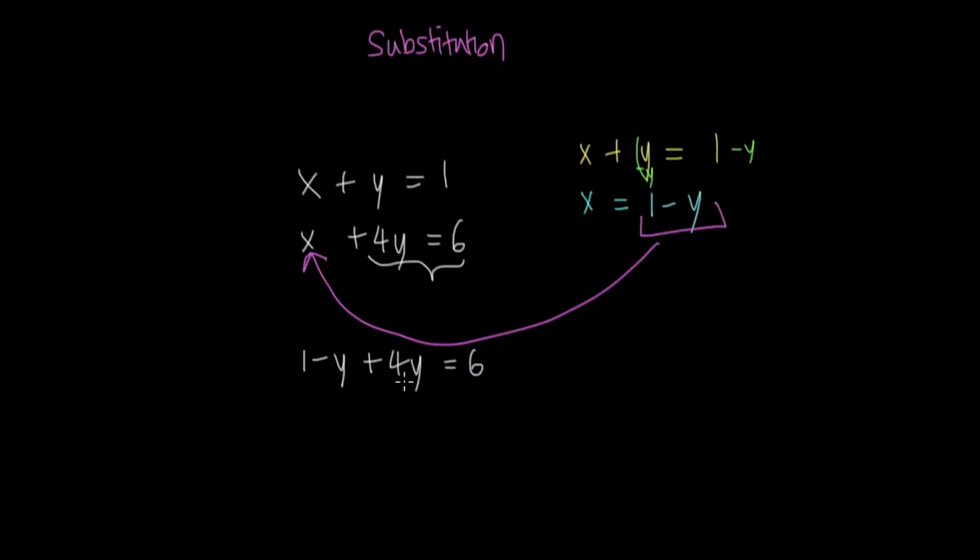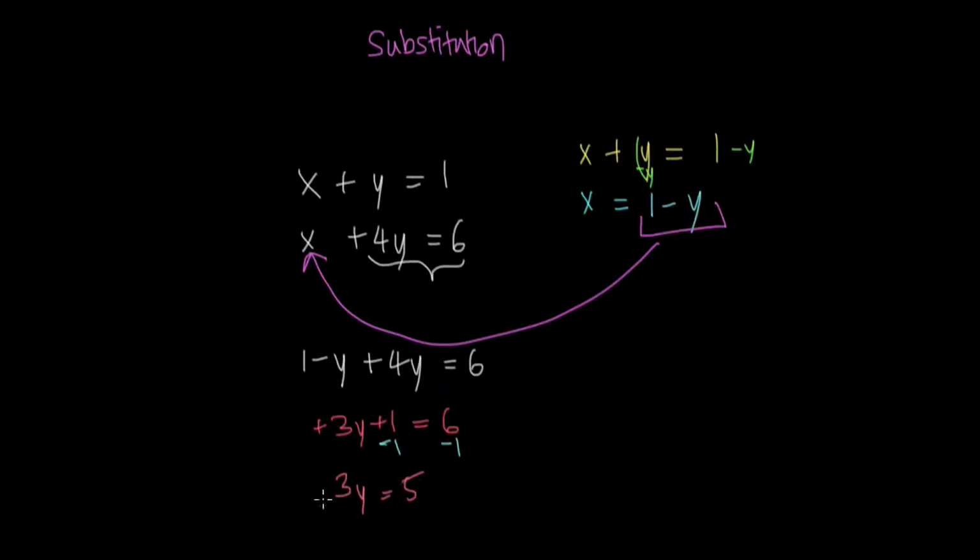Here I just combine like terms, so positive 4y minus y gives me positive 3y, and then the plus 1 stays, equals 6. And I want to subtract the 1 from both sides, so I can get 3y by itself. If I subtract 1, that gives me 3y equals 5.